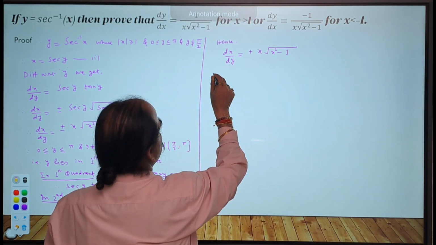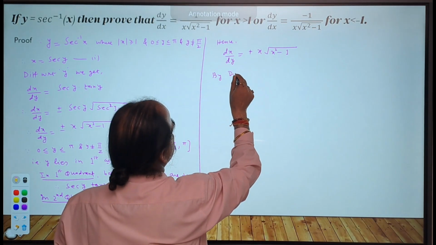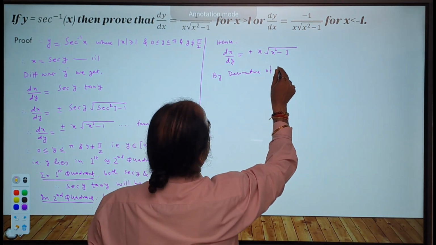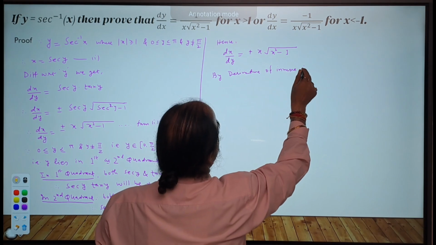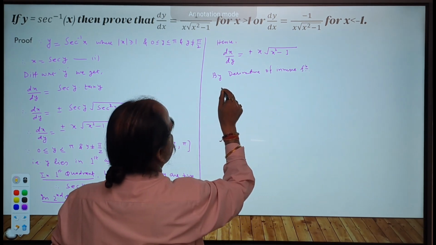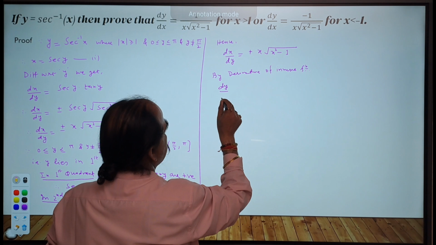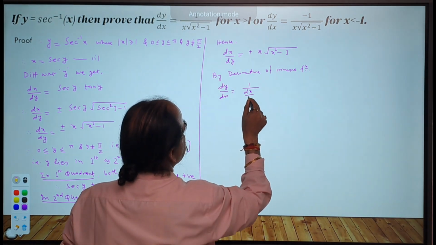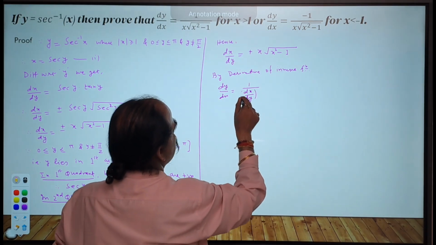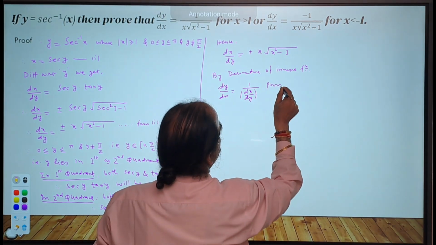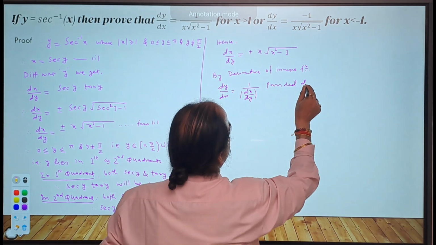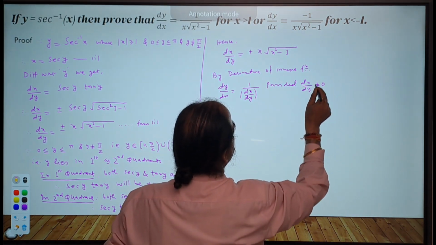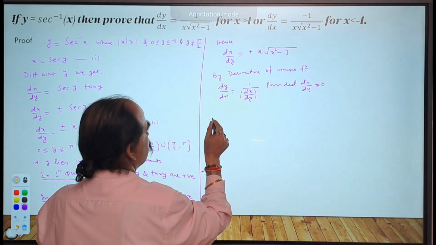Therefore, by derivative of inverse function, dy by dx is 1 upon dx by dy, provided dx by dy is not equal to 0.